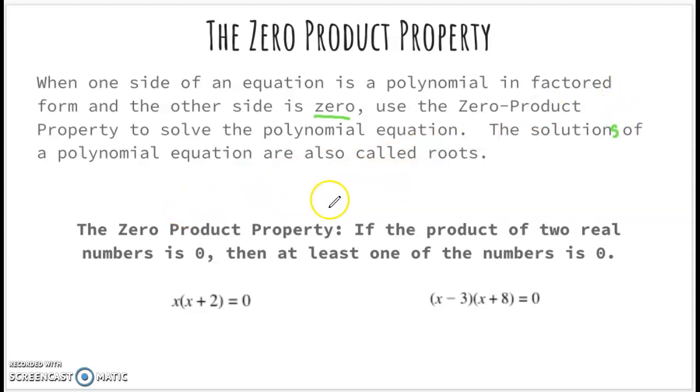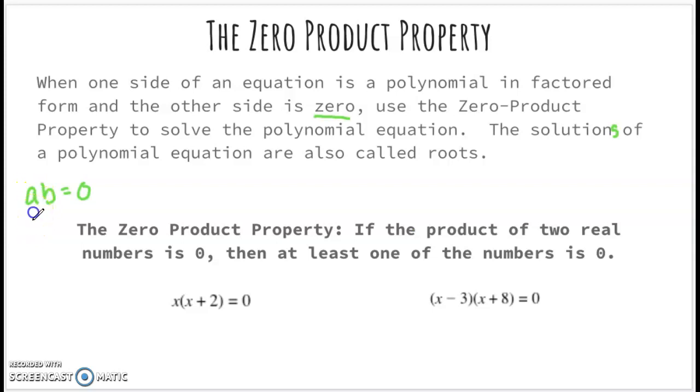The zero product property is stated as such: if the product of two real numbers is 0, then at least one of the numbers has to be 0. So, for example, if I had a times b equals 0, then I know either a or b has to be 0.